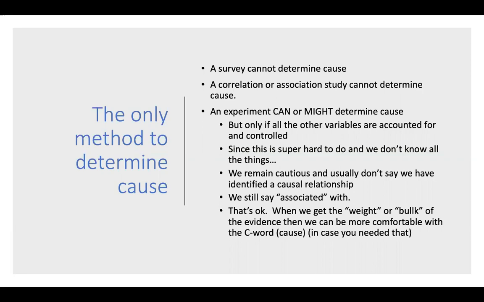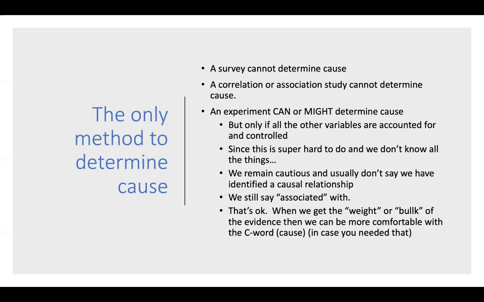so that it has internal validity. In other words, we're just going to keep pounding this concept over and over. Internal validity meaning that the results you got were due to what you changed about the independent variable, not because of some other outside variable. And so an experiment can determine cause if and only if all the other variables are accounted for and controlled.